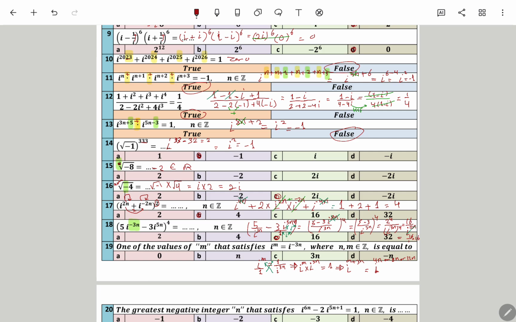But he is asking about one of the values which are given in the alternatives to satisfy the answer. So we are going to try for n and cancel the bases and focus on the powers. You can take m plus 3n and equate it to 4n.